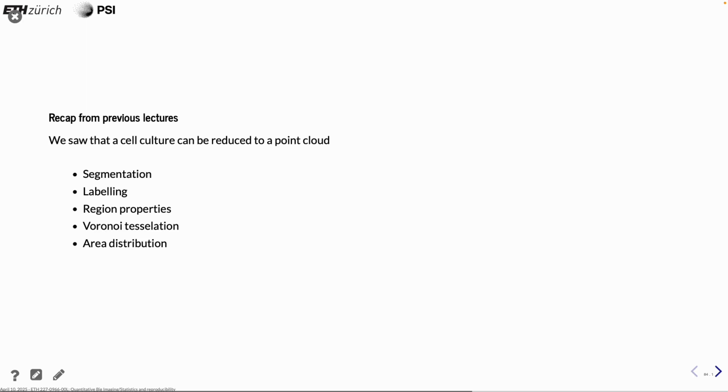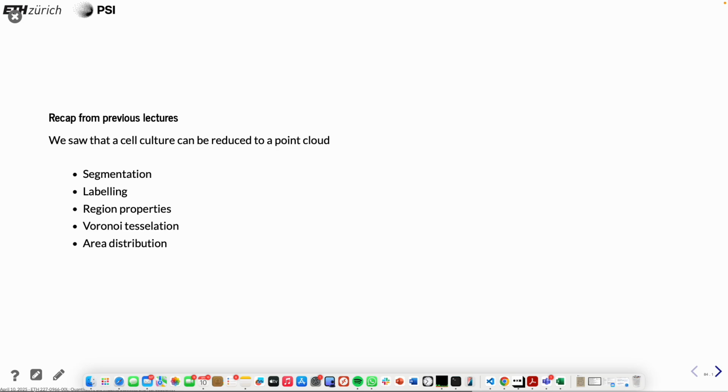The whole workflow to get to this point, we already know from the previous lectures. We have all the segmentation and labeling, region properties. Last week I showed the Voronoi tessellation to compute the region area distribution.